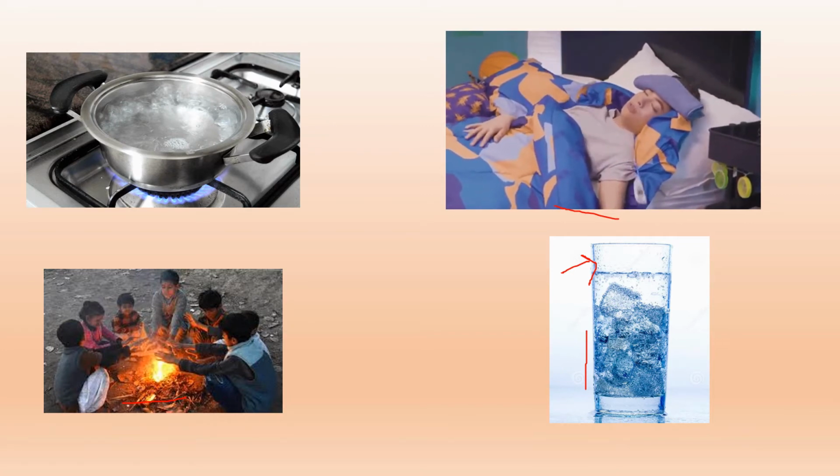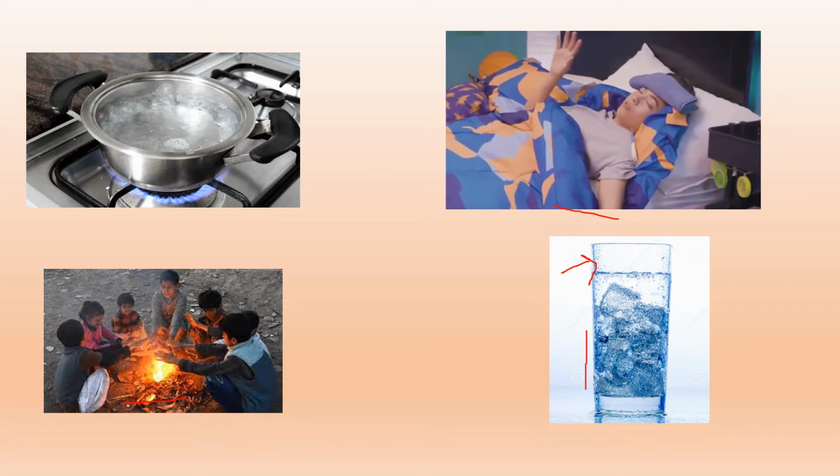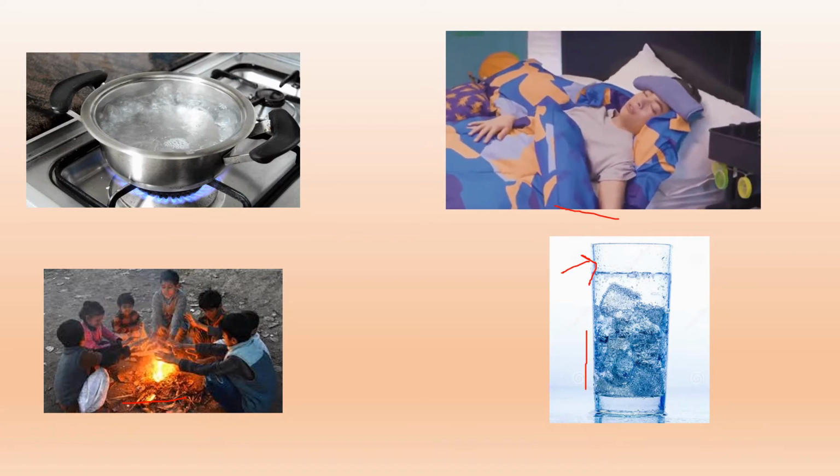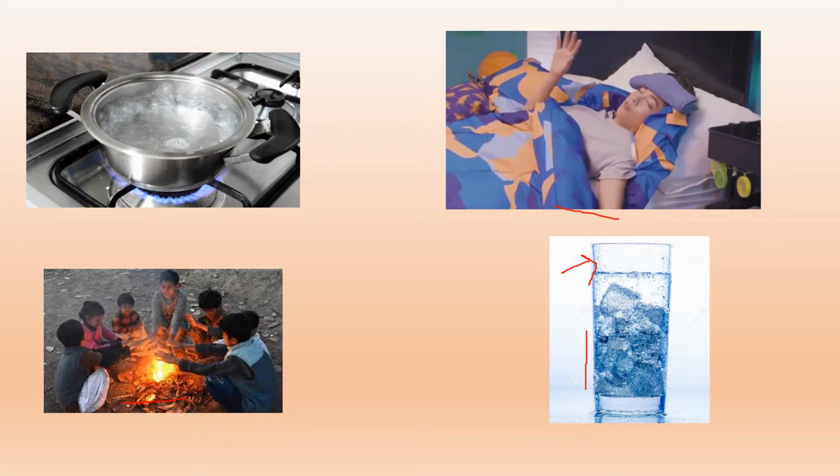We understand that there is some sort of heat energy used. In the first example, heat energy is used to boil the water. In the second one, people or the small kids are taking the warmth of this fire to increase their body temperature because it's cold outside.